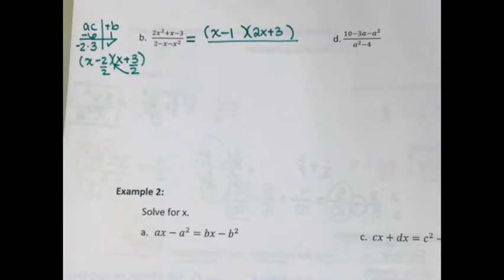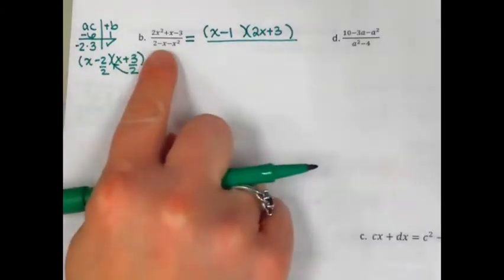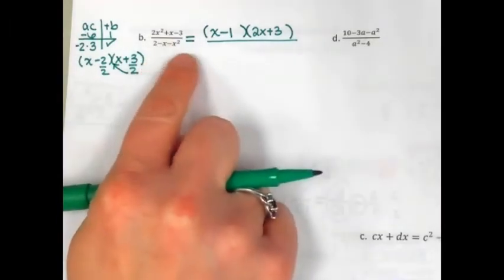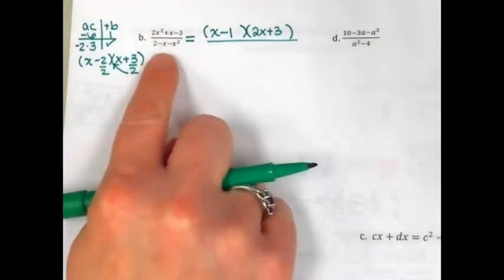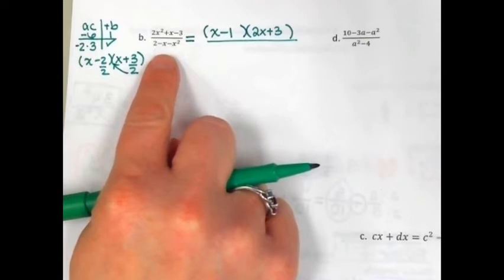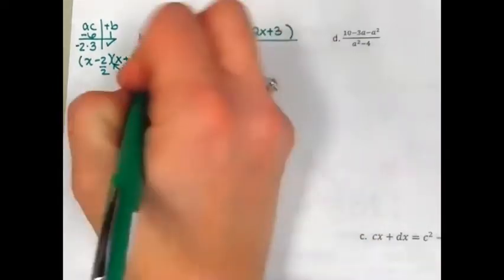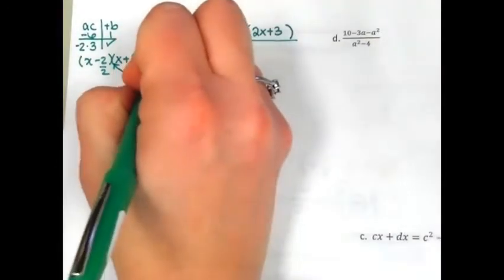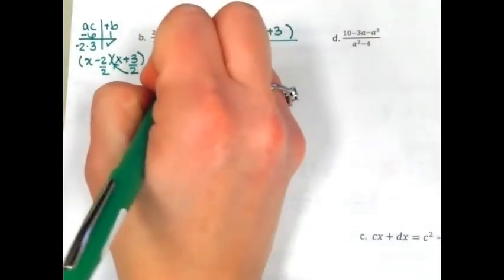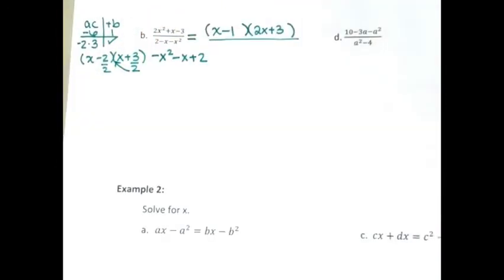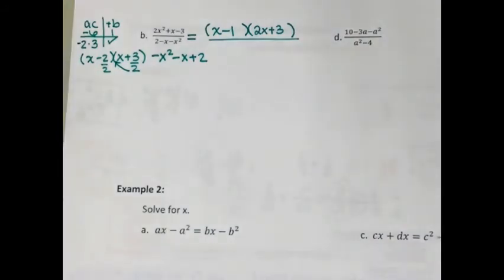All right. Now, if we look at B, normally the denominator is always x squared plus bx plus c, right? So let's go ahead and reorder this for me. So isn't that the same thing as -x squared minus x plus 2? You guys okay with that?